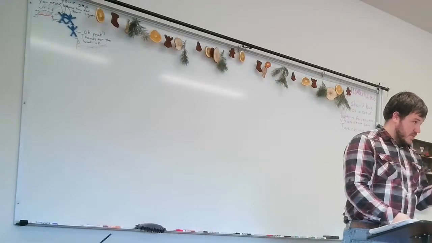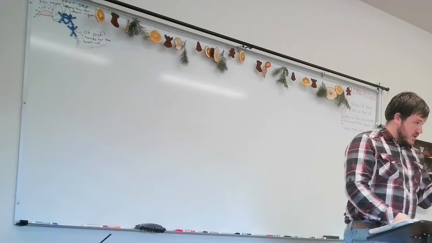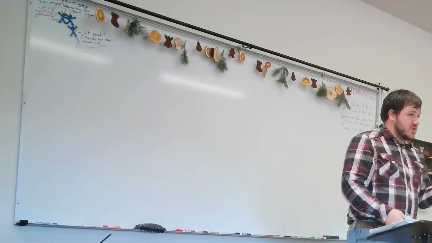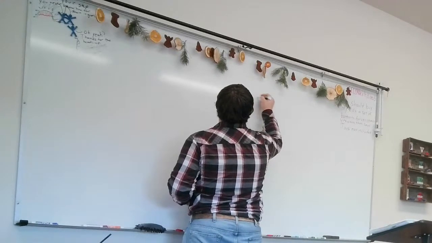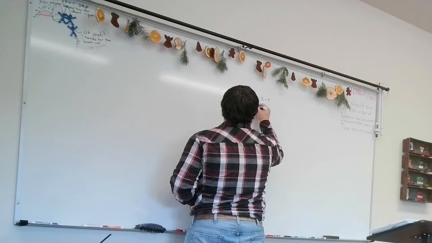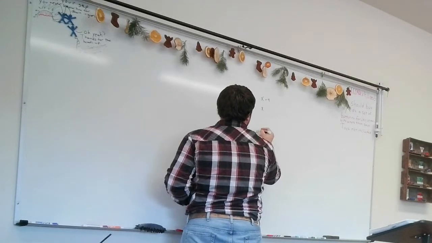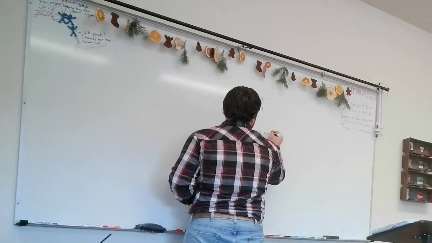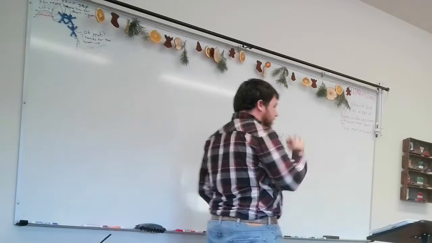So I want you to be labeling the unknown values, and then I want your equation to be set up without simplifying it too much. So say your first value is x plus 4, and your second is x. I want you to write it out as x plus 4 plus x equals 27. So that's what I'm looking for.